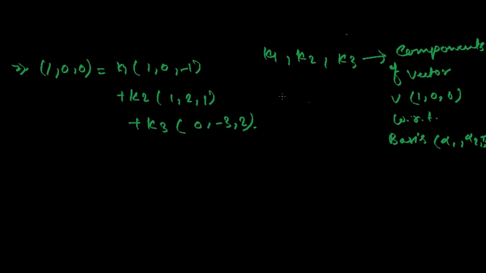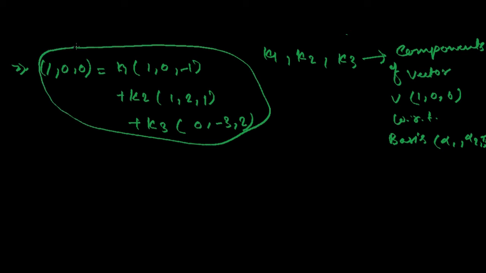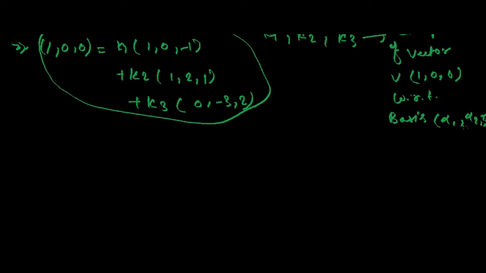Now you can convert this equation into matrix form and solve it, or else you can just try to simplify it without using matrix representation. We will not use matrix representation here because we have very simple equations.